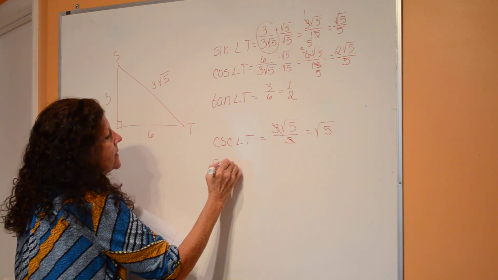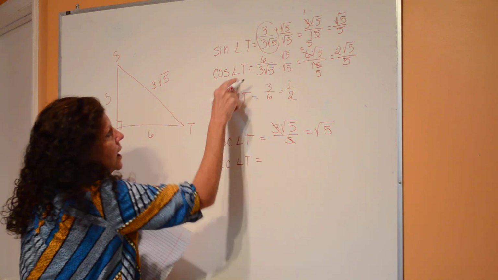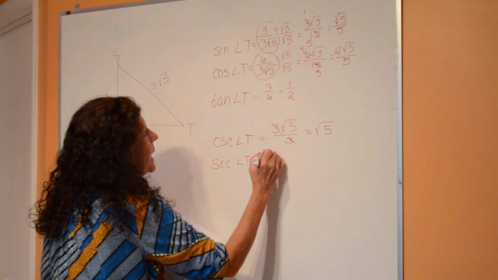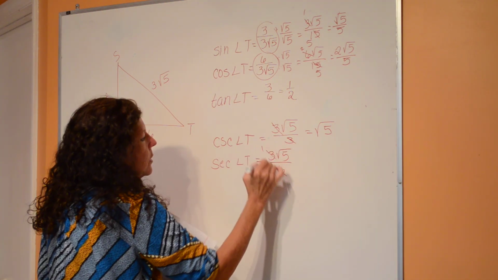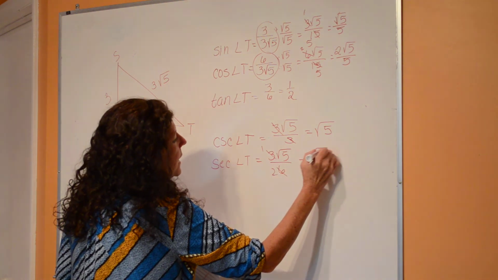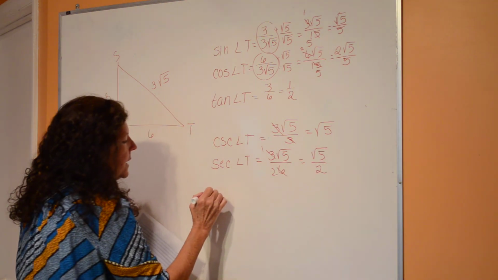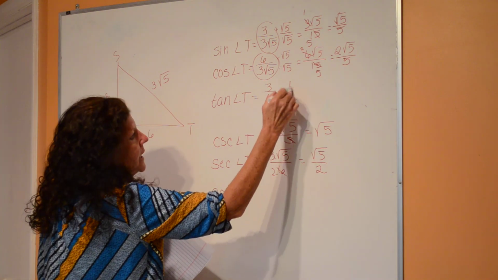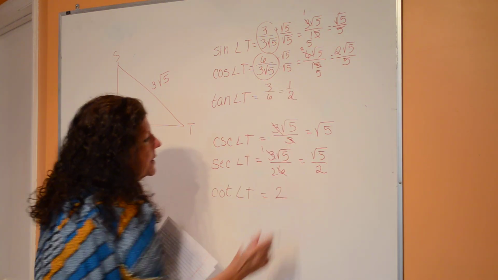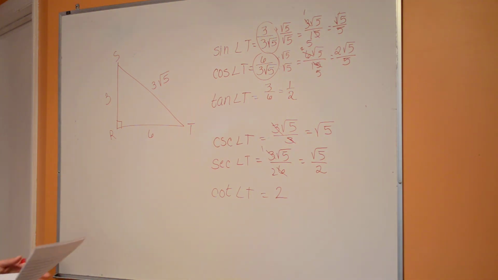The secant of angle T. I'm going to flip it right here. So I have 3 on the square root of 5 over 6, or the square root of 5 over 2. And then the cotangent of angle T, I'm going to flip right there, and I'm going to get a 2. And so that would be your 6 trigonometric functions based on that triangle.